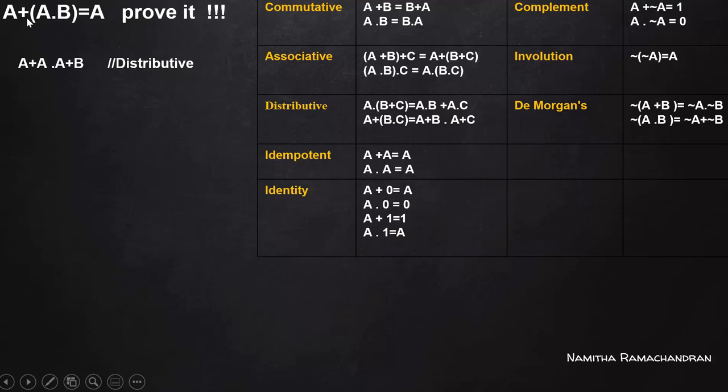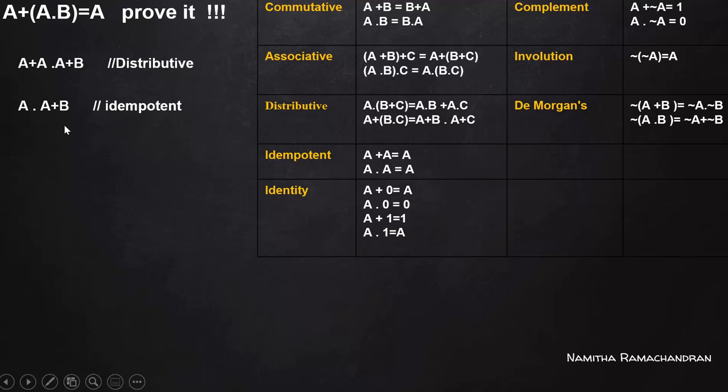Distribute this OR operation inside this bracket. Then it becomes (A or A) and (A or B). Right? Then A or A means, from this idempotent law, A or A is A itself. So this part becomes A. A and (A or B).